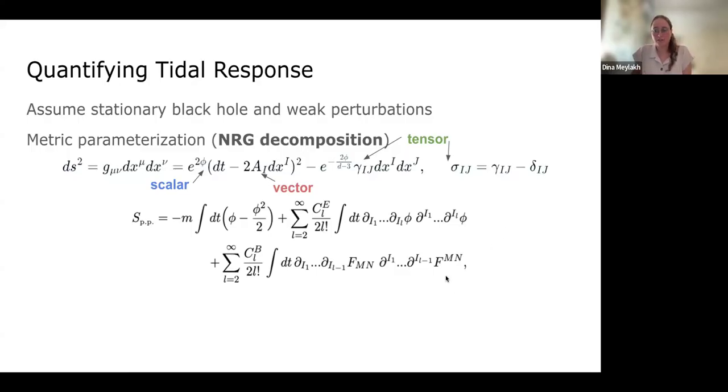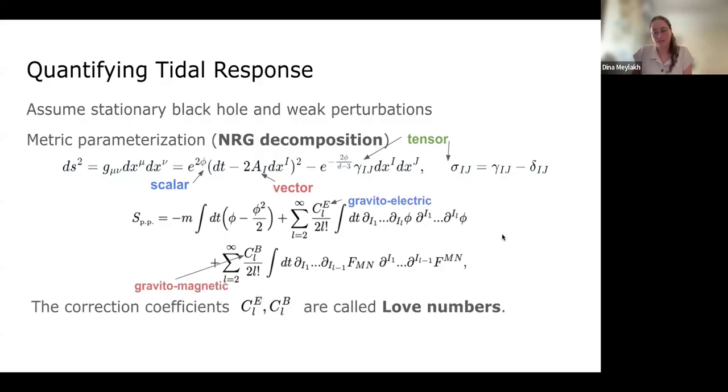So F here is dA minus dA, just like the field strength tensor for electromagnetism, but with this A this time. And these are the gravitoelectric and gravitomagnetic love numbers, which we saw on the previous slide, but on the previous slide we just saw for L equals 2. This is the generic for all terms that have two field insertions.